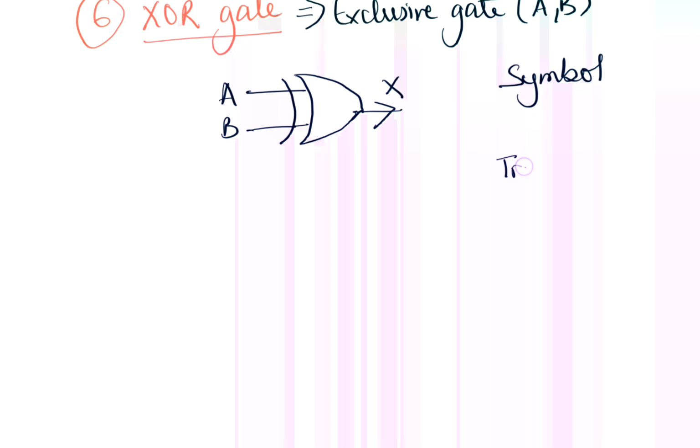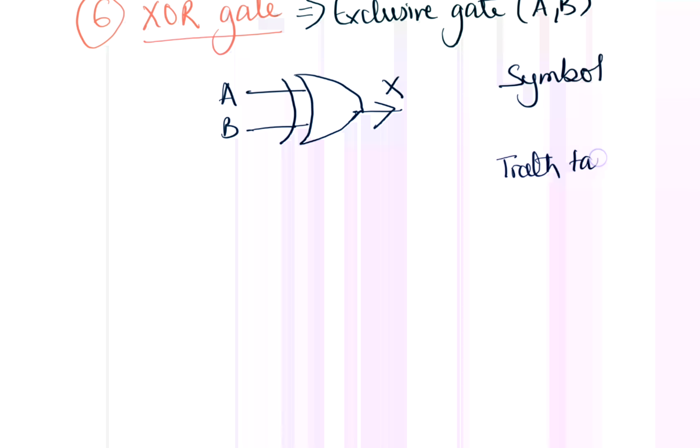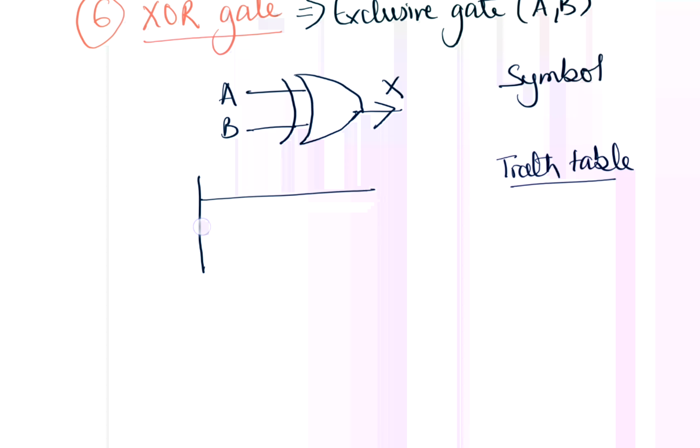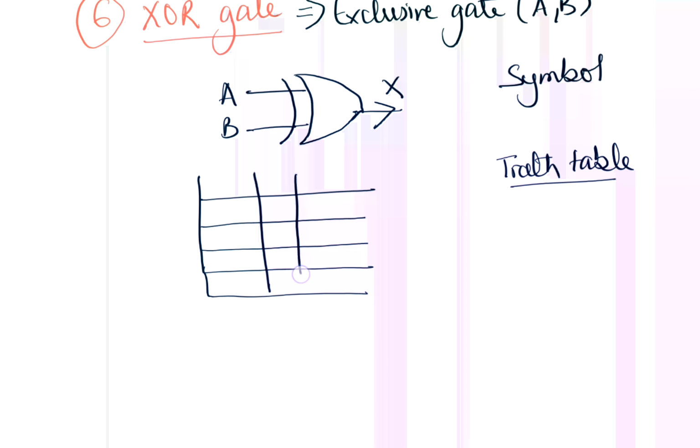Now let's have a look at the truth table. The truth table is very straightforward in this case. Let's use the two variables, 4 rows: 1, 2, 3, and 4. A, B: 0, 1, 0, 1 and 0, 0, 1, 1.